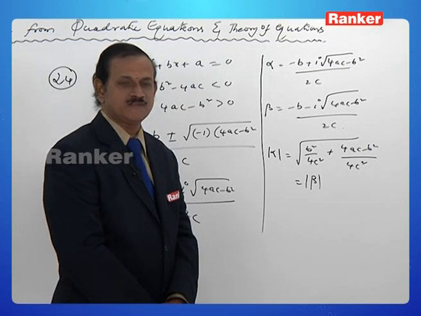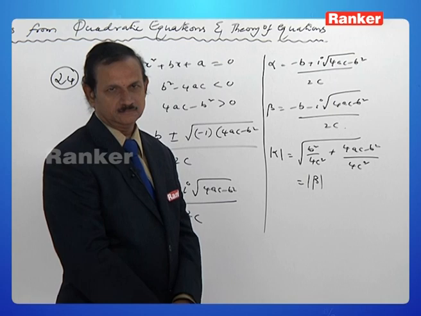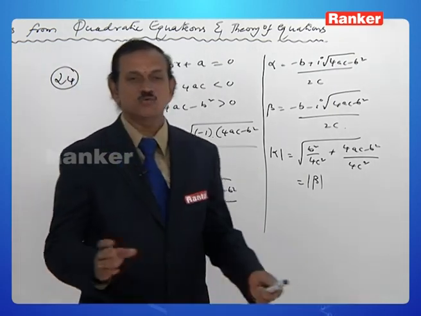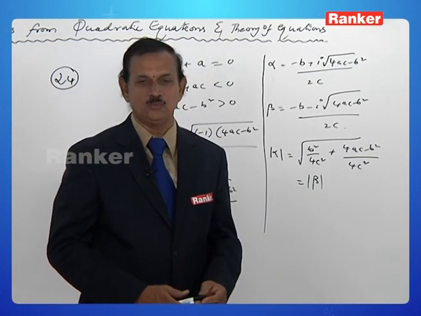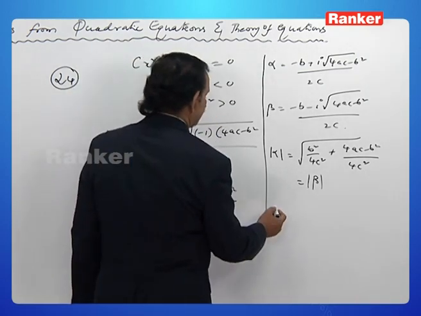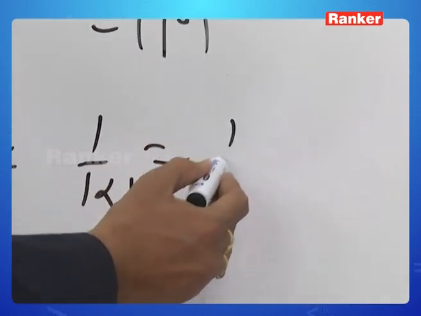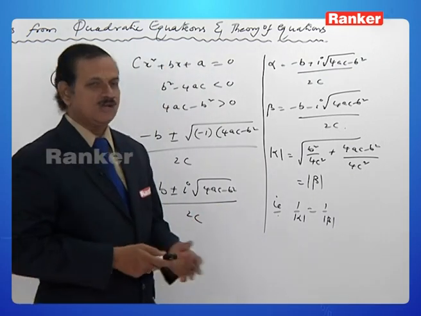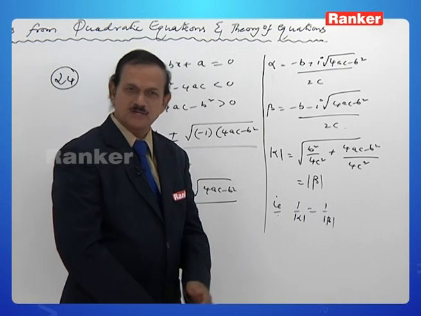And from the knowledge of complex numbers, we know that mod z is equal to mod z bar. Therefore, mod alpha is equal to mod beta. So the two roots alpha and beta have the same absolute value. Therefore 1/|alpha| = 1/|beta|. Hence, among the given options, option B is absolutely correct.